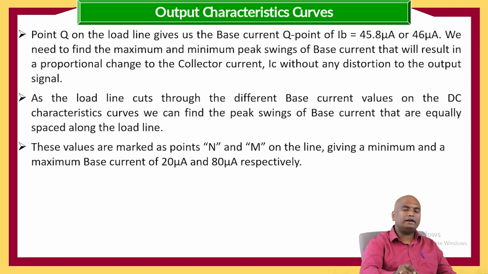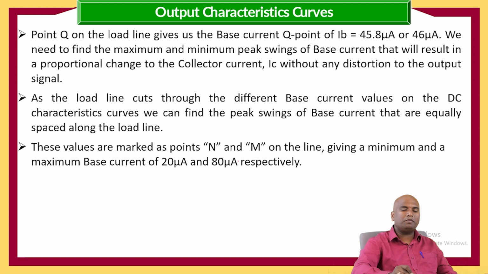As the load line cuts through the different base current values on the DC characteristic curves, we can find the peak swings of base current that are equally spaced along the load line.